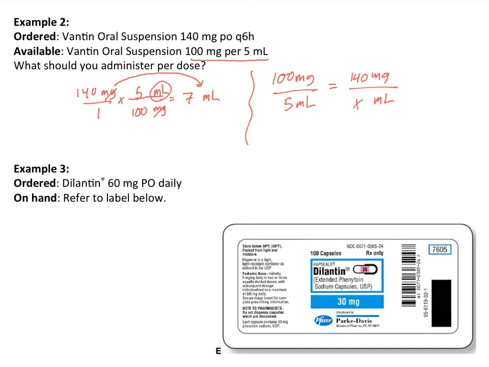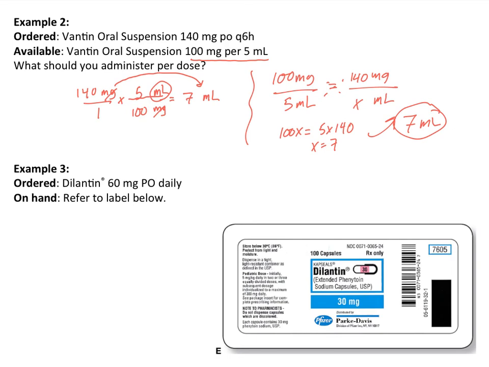We just don't know how many milliliters that is. So I'll cross multiply. So 5 times 140 will equal 100 times x. And once again, you get x equal to 7. 7 what? 7 milliliters. Don't stop when you get x equal to 7. Go back and write your unit. What was x? X was the number of milliliters.